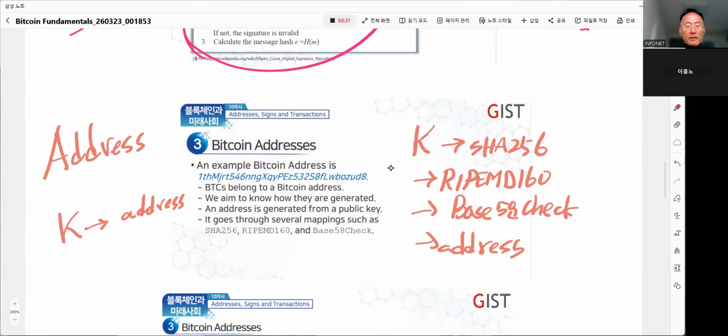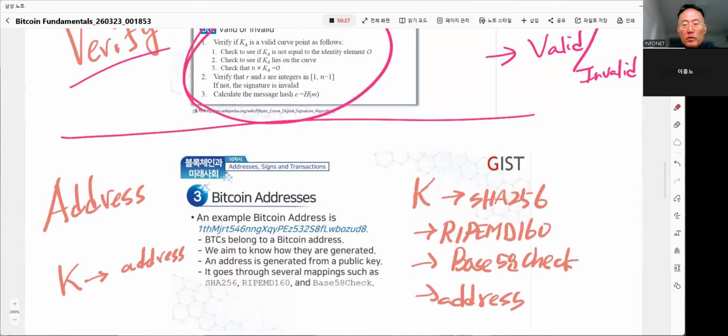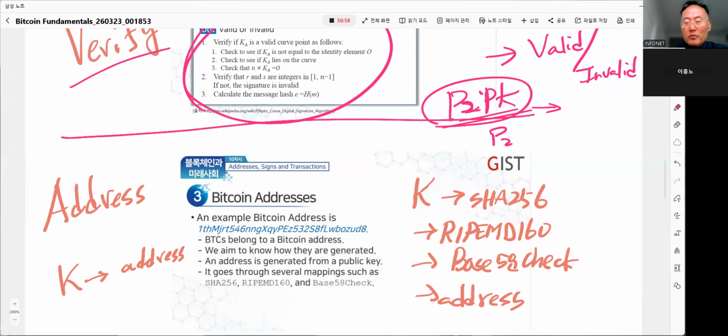All right, and as this becomes vulnerable, paying to the public key of Bitcoin, pay to public key, this type of payment is known to be vulnerable when there is a quantum computer. So people have upgraded to pay to public key hash.